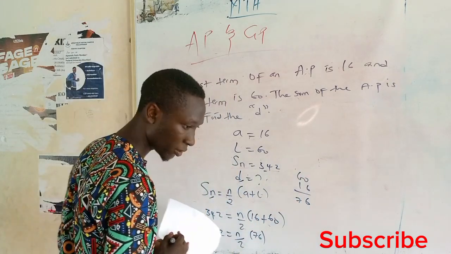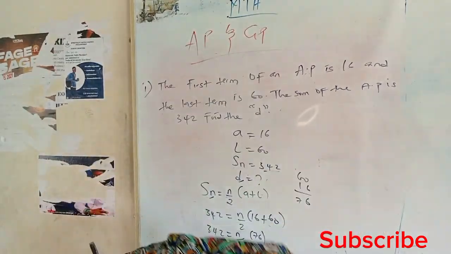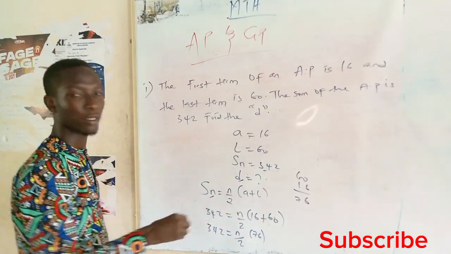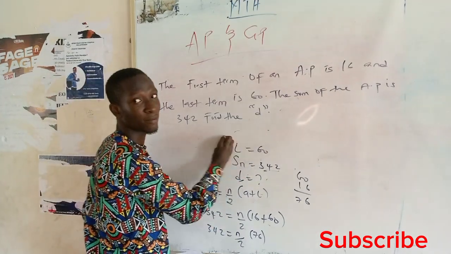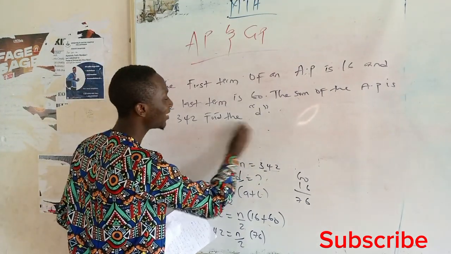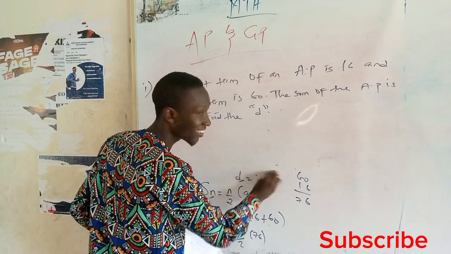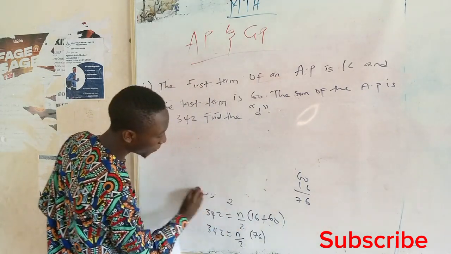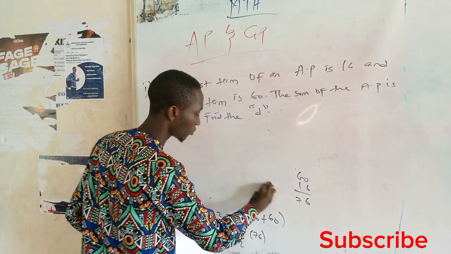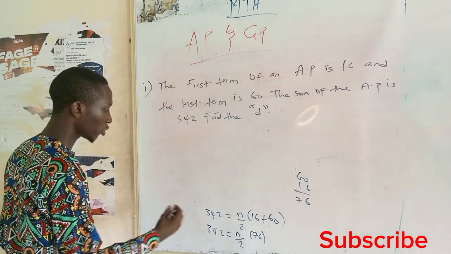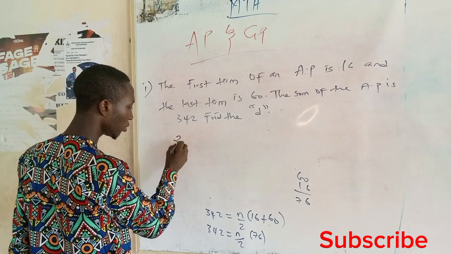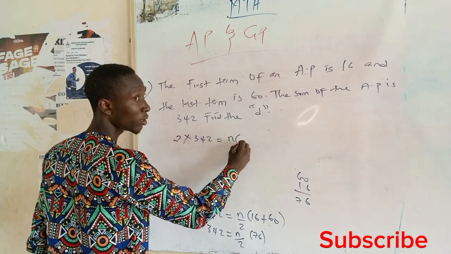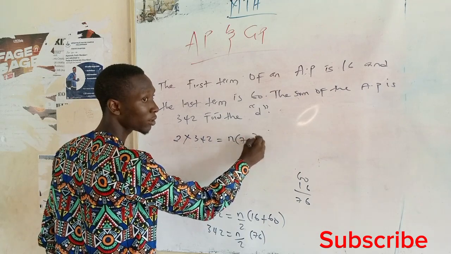So we proceed from here. We cross multiply, it becomes 2 times 342 equals n times 76.